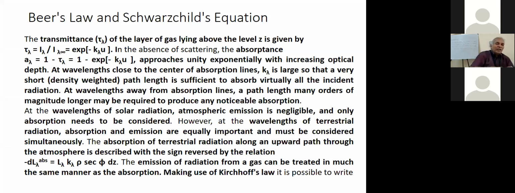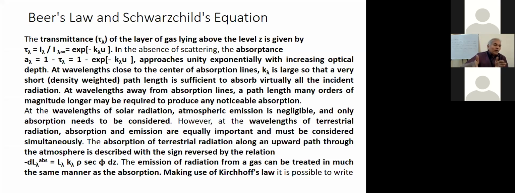At the center of the absorption band, you need only relatively small optical depths or path lengths for the incident radiation to be completely absorbed. But if you go to the wing of the absorption line, I can have path lengths many orders of magnitude larger and still have only noticeable absorption.